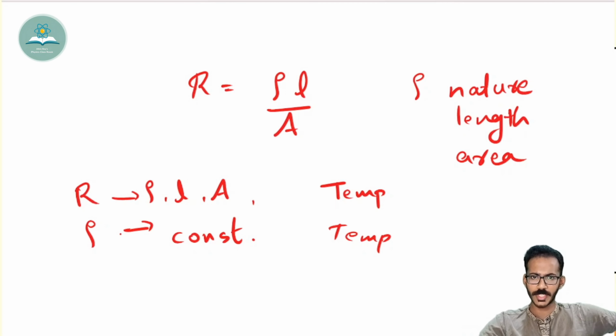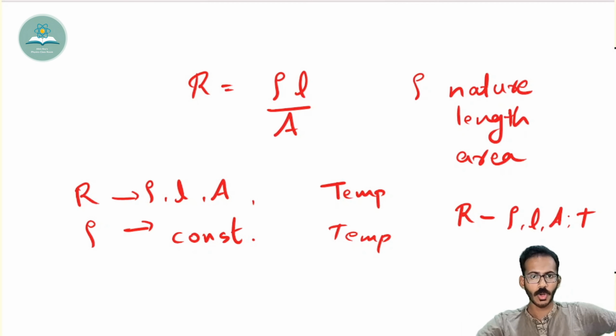It's no more that material. So, just remember one important point that resistance will keep on changing depending on resistivity, length, area, and temperature of the material. But resistivity is always a constant value. It will only change when the temperature changes.